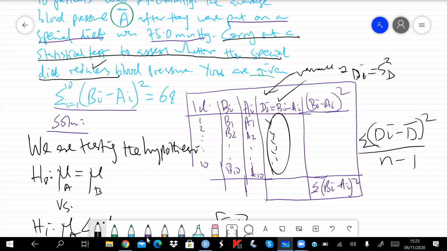That's how you find the variance of that column.